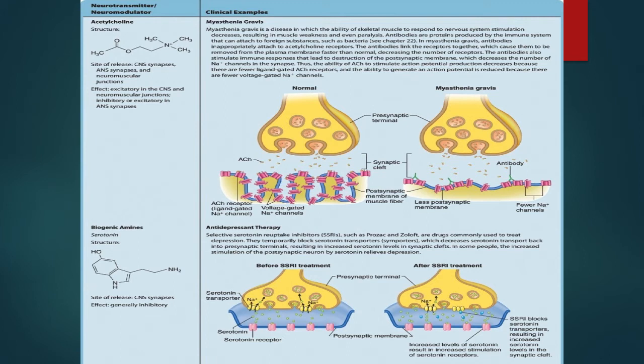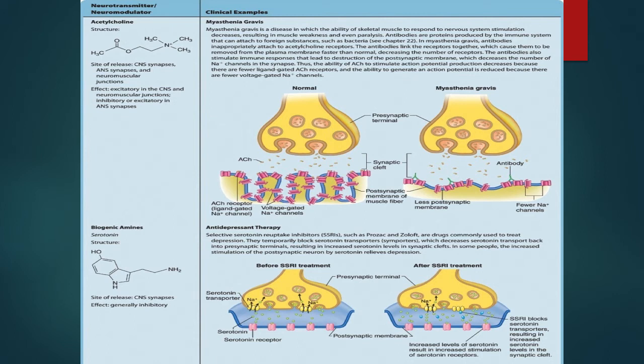And we've talked about a disorder, myasthenia gravis, where the receptors become less and less common. And so it gets harder and harder for the nerve cells to signal the muscle cells because there are fewer receptors. That's treated by possibly trying to increase the acetylcholine present and increase the number of receptors.